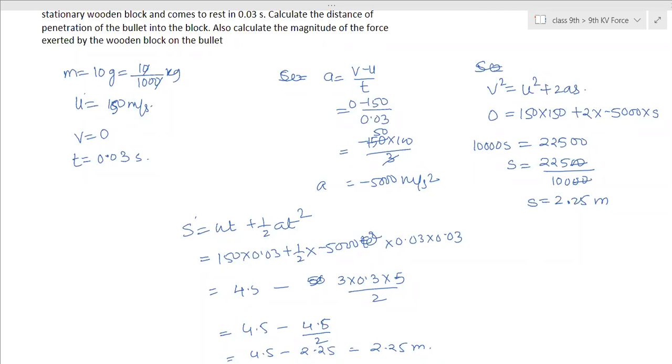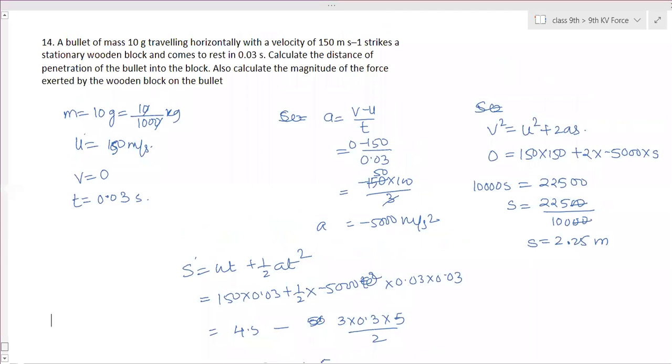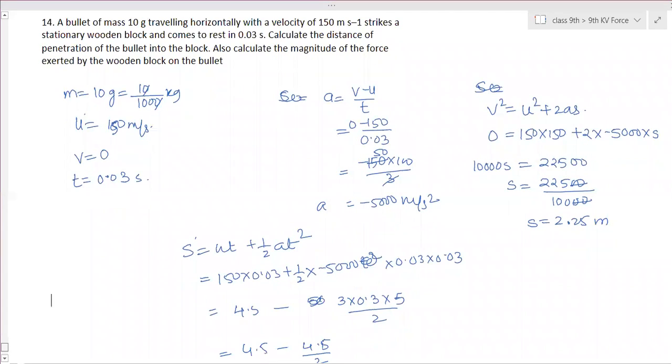Ma'am, is the force minus 7,500? Force is 50 Newton. It is 10 by 1000 into 5000, 5 into 10, minus 50.